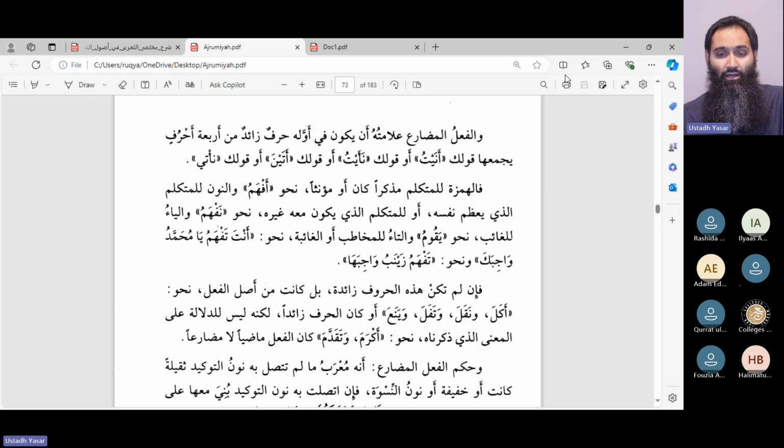فإن لم تكن هذه الحروف زائدة، بل كانت من أصل الفعل. If these four huruf are not zaida, are not extra in a fi'l, but they are originally part of the fi'l, for example, akala.